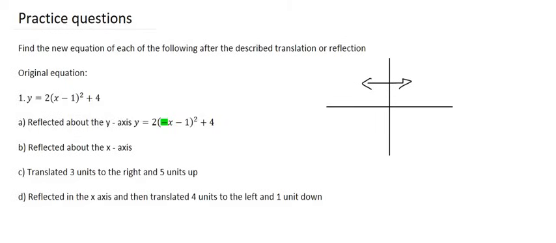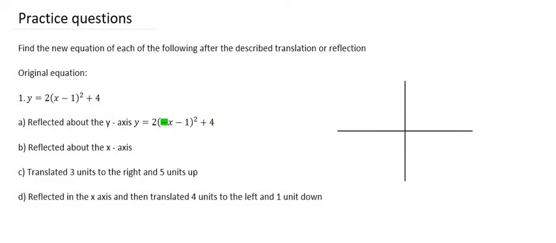In 1b, it's going to be reflected about the x-axis. When we reflect something in the x-axis, we jump over the x-axis. And so what changes, the x values or the y values? In this case, it's the y values that change. So we take the original equation and we change all the y values.